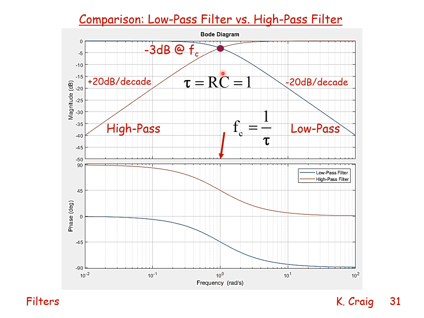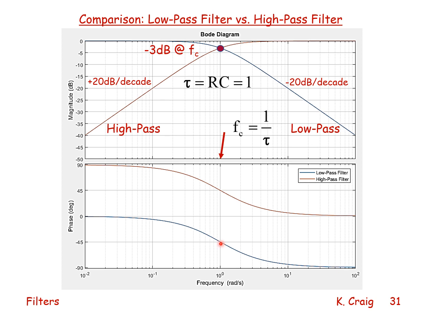We see that the low pass filter has a high frequency slope of minus 20 dB per decade. The high pass filter has a low frequency slope of plus 20 dB per decade. At the breakpoint, the low pass filter has a phase angle of minus 45 degrees.